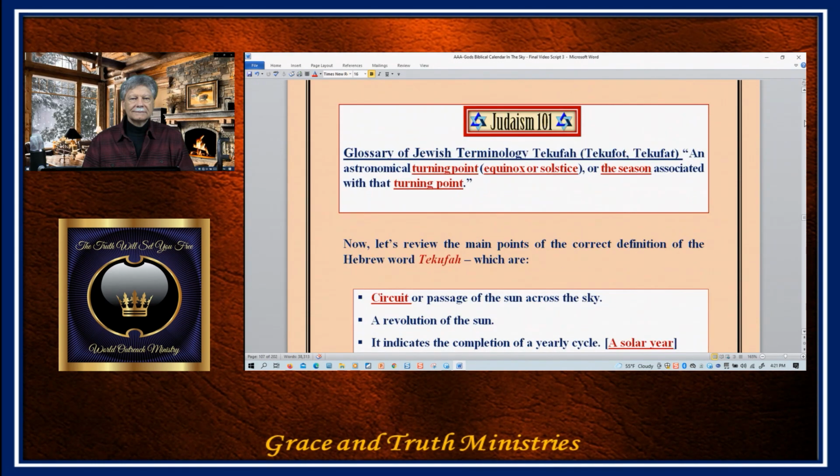And in Judaism 101, it says, Glossary of Jewish Terminology, tikva, and it has several different spellings, as you can see. An astronomical turning point, an equinox or solstice, or the season associated with that turning point.